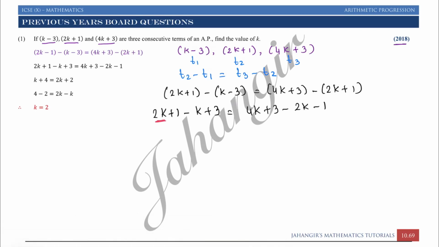Like terms mein 2k minus k will become k, 1 plus 3 will become 4, 4k minus 2k will become 2k, 3 minus 1 will become 2. We will shift like terms, 4 minus 2 that is equal to 2k minus k, 2 is equal to k. So this was a very simple question that was asked in board exam.